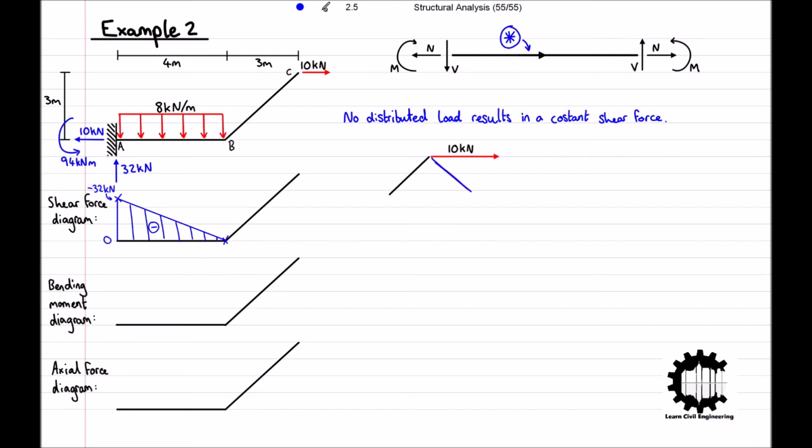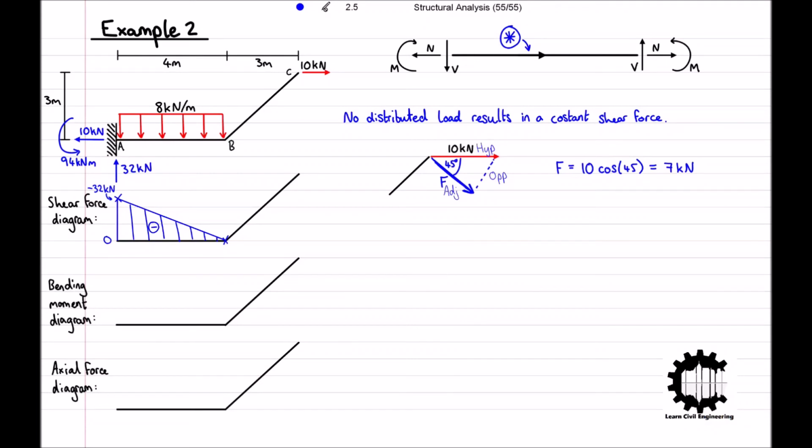Now, if we were to draw on the component of the horizontal force that is perpendicular to the bar, we can see that we know the value of the hypotenuse side, which is 10 kilonewtons, and we are trying to find the value of the adjacent side. So using trigonometry, we can calculate that the magnitude F is equal to 10 times cosine 45, which equals 7 kilonewtons rounded to the nearest integer. And this is the constant shear force that is being applied to bar BC.